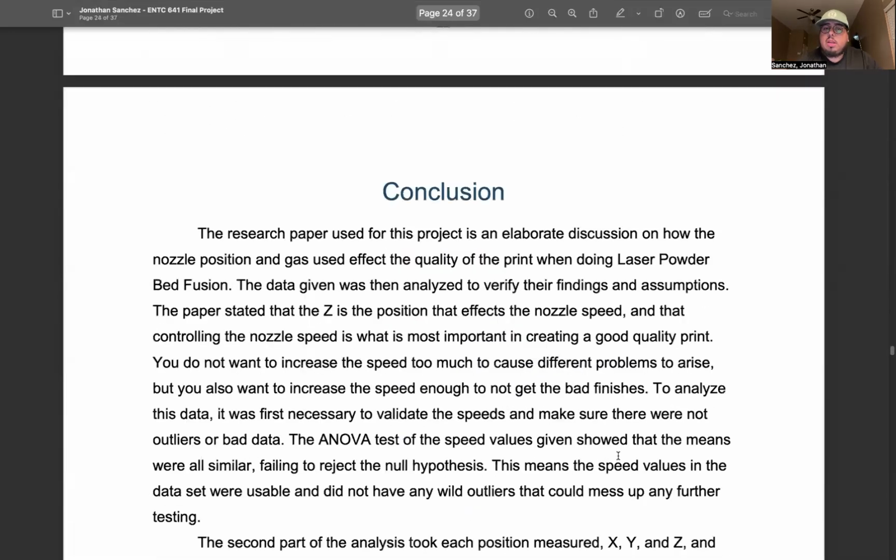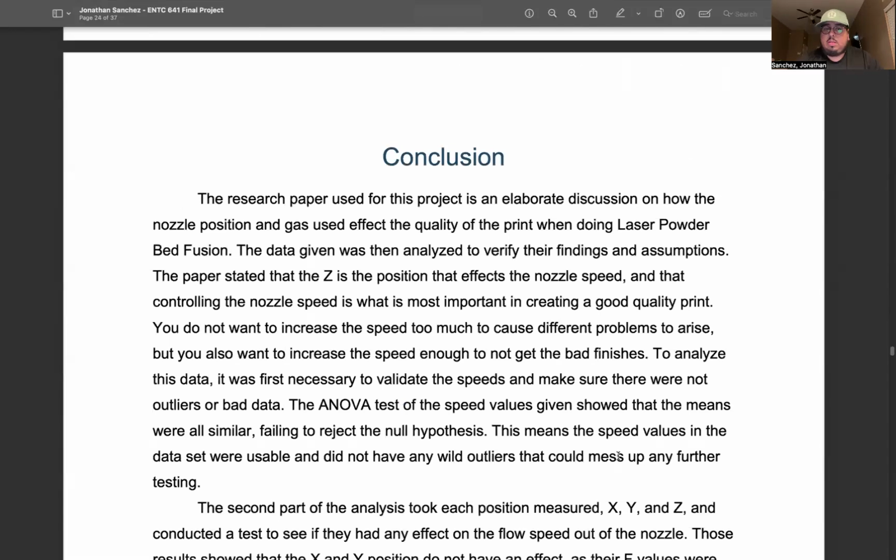In conclusion, the research paper that was used for this project is very elaborate and has a lot of information on the nozzle position and the gases used and all sorts of things.